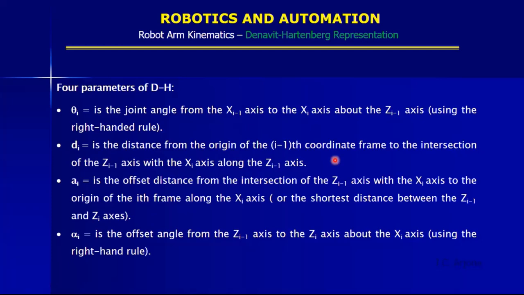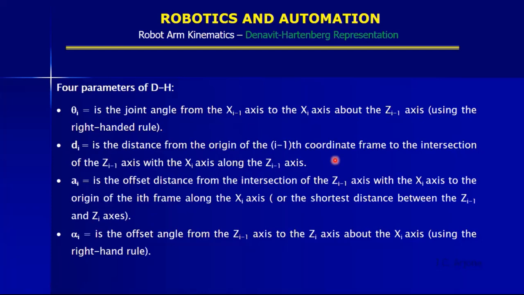AI is the offset distance from the intersection of the zi minus 1 axis with the xi axis to the origin of the ith frame along the xi axis, or the shortest distance between the zi minus 1 and zi axis.